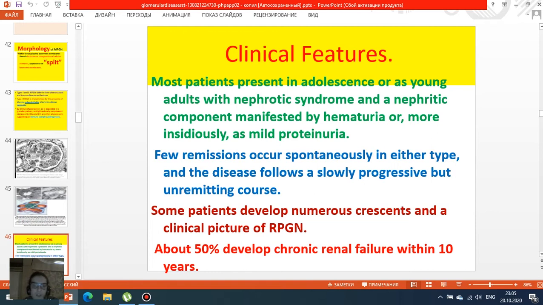Few remissions occur spontaneously in either type, and the disease follows a slowly progressive but unremitting course. Some patients develop numerous crescents and a clinical picture of rapidly progressive glomerulonephritis. About 50% develop chronic renal failure within 10 years.